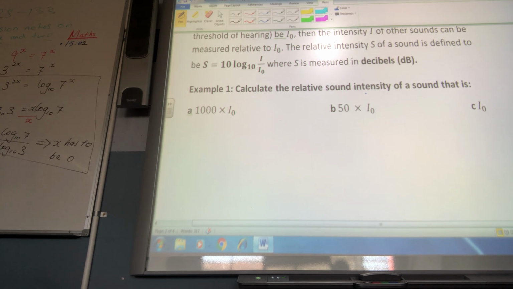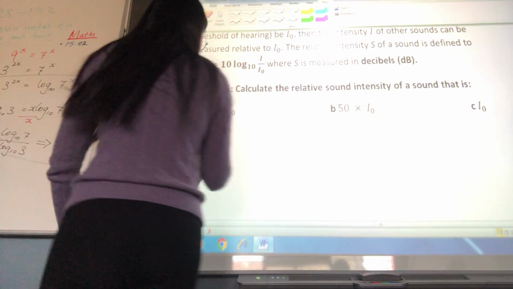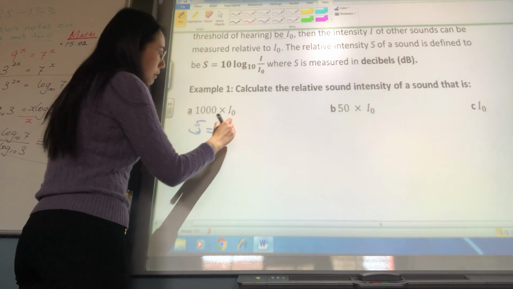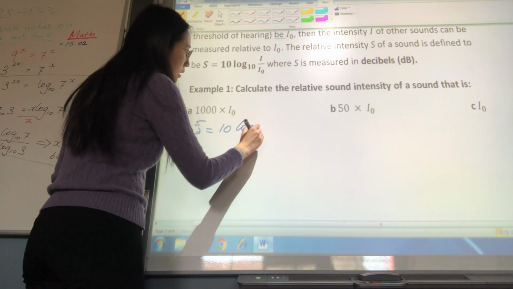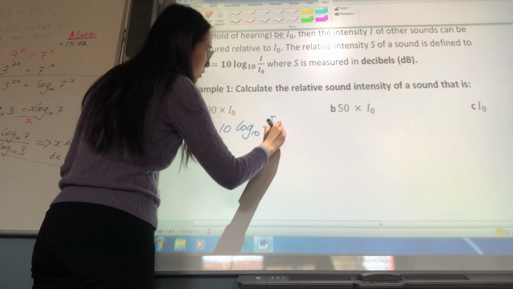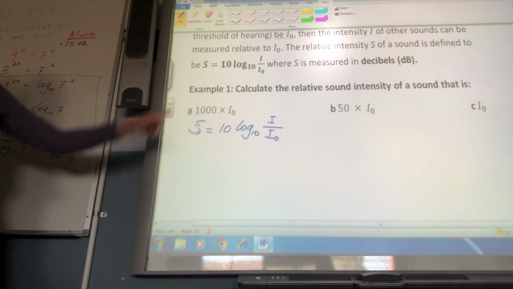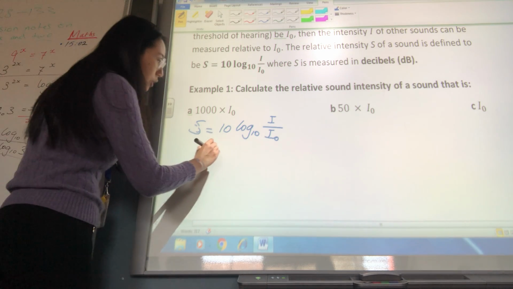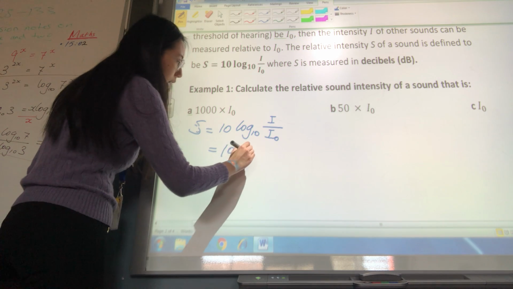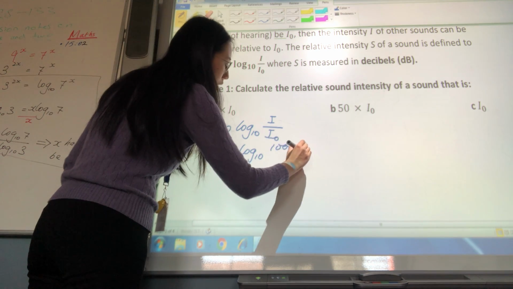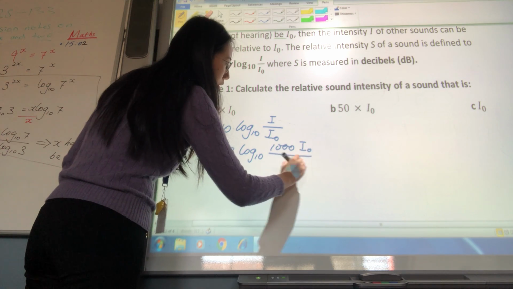So S equals 10 times log 10 of I over I0. Where does this belong? This is I, right? So all you need to do is substitute it once again into the left-hand side. So 1,000 times I0 over I0.